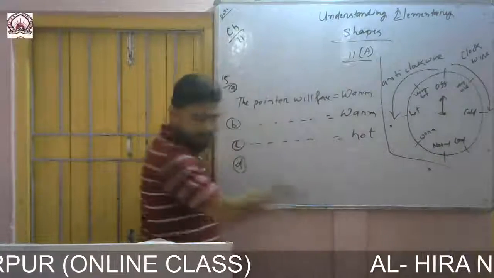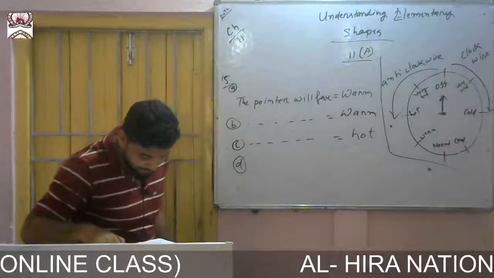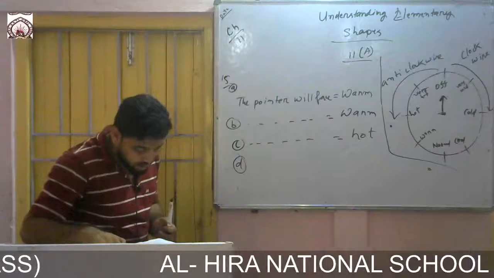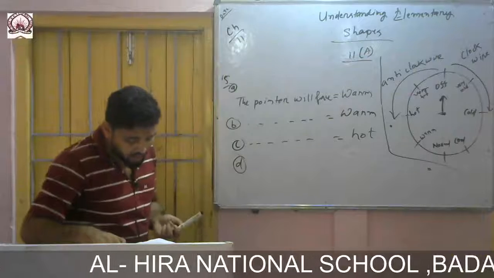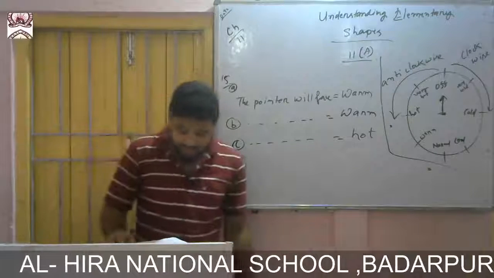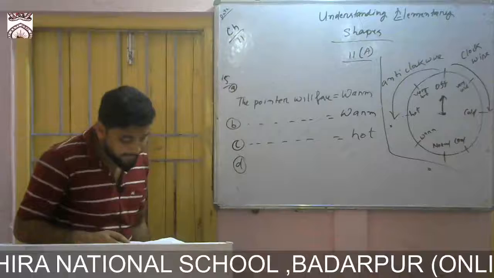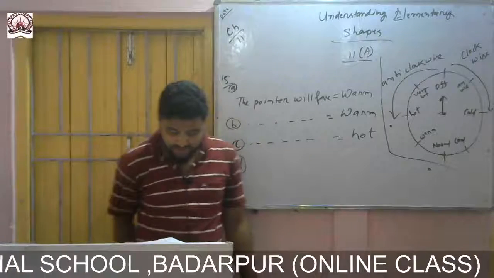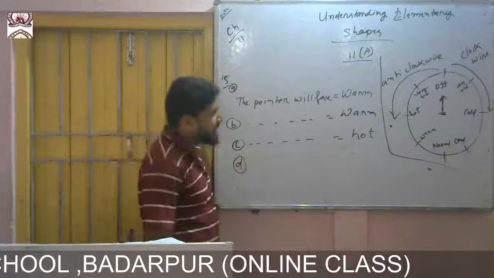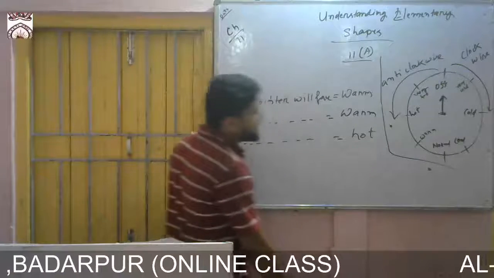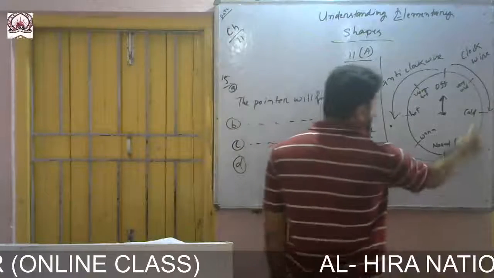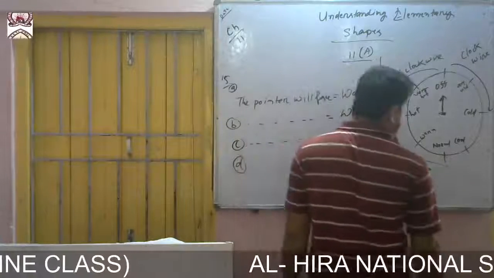It is said clockwise from cold. 6 markings make 270 degree. So from cold let us count 6 markings: 1 2 3 4 5 6. It is very hot. It will be very hot.